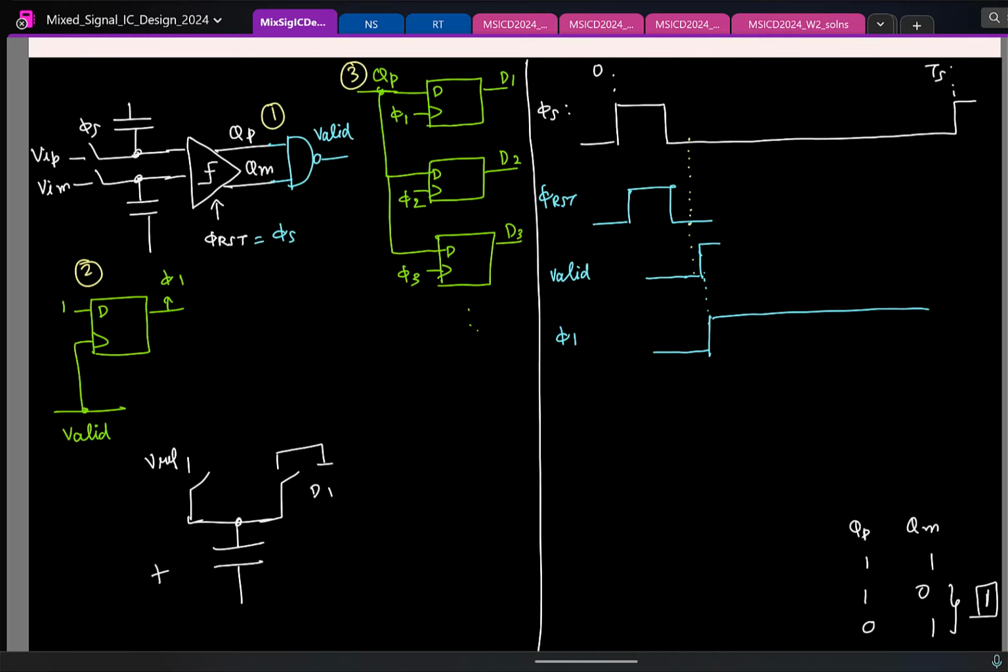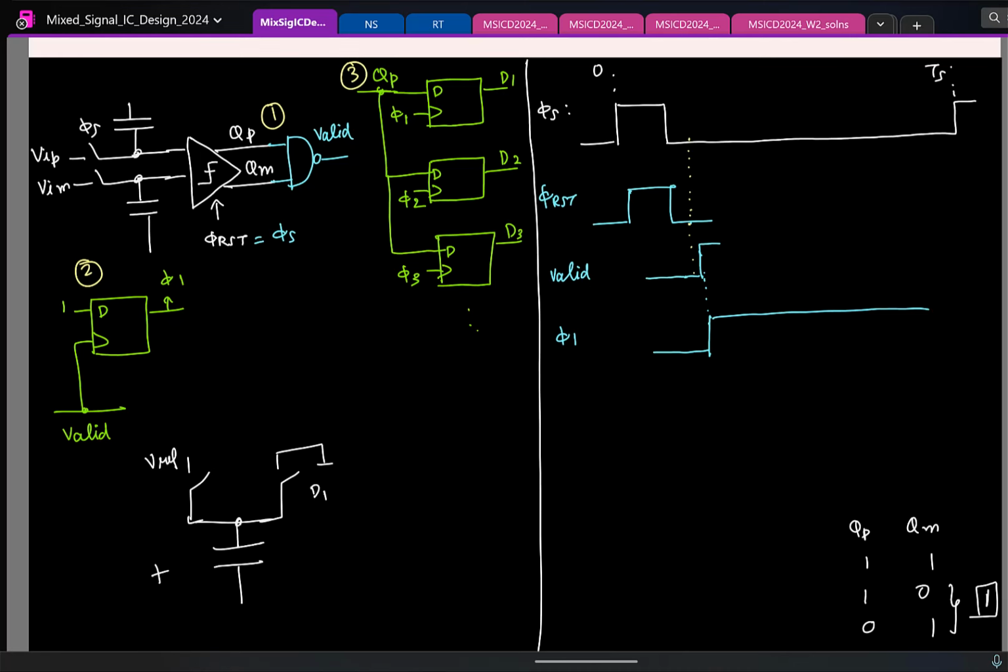Okay, D1, it might look like D1 but this will not suffice, because if you just give D1 here, what can happen is D1 is the output of the flip-flop. From a previous conversion cycle, D1 could have been 1, and that could have grounded this.